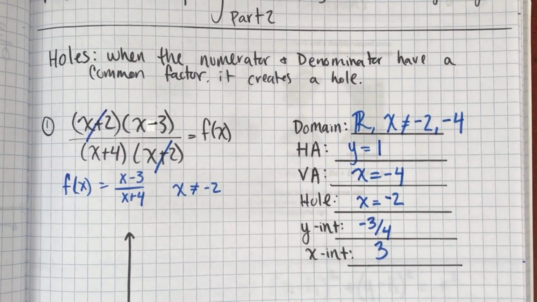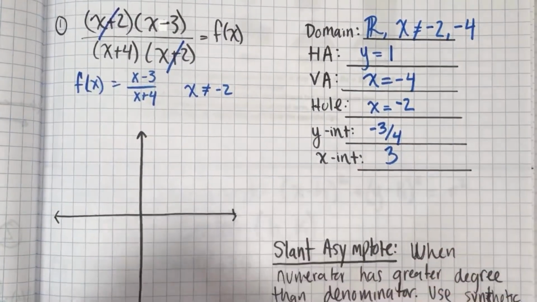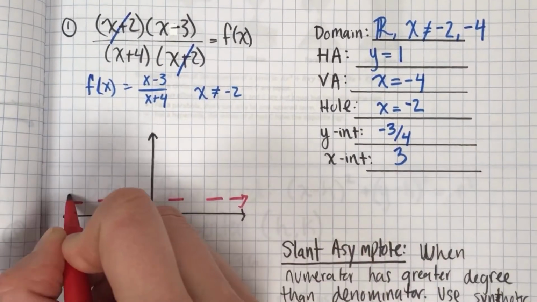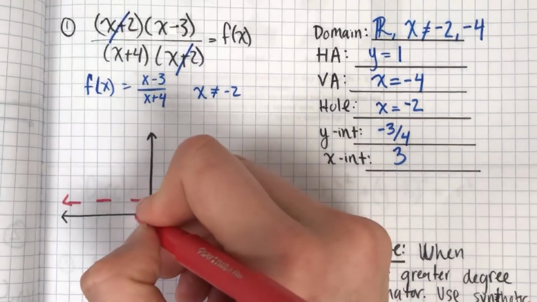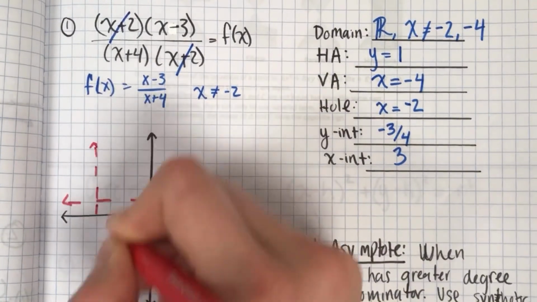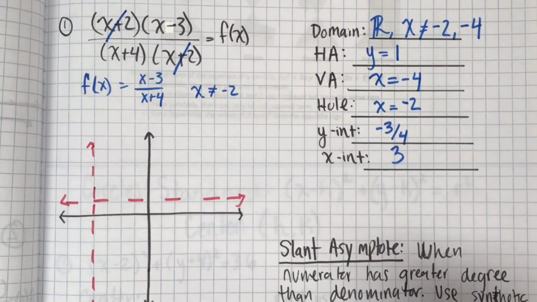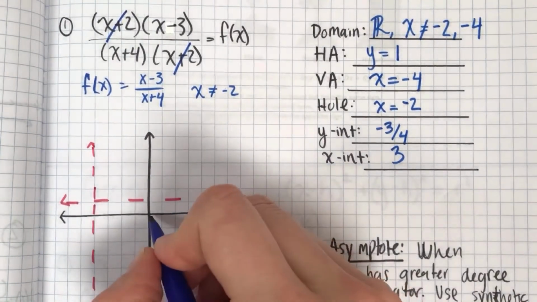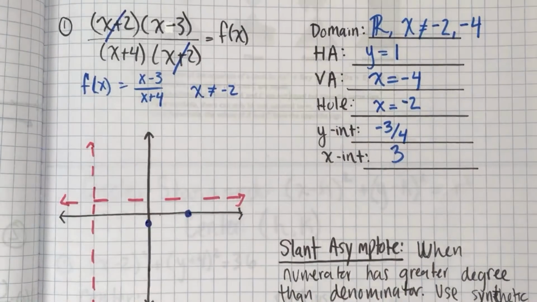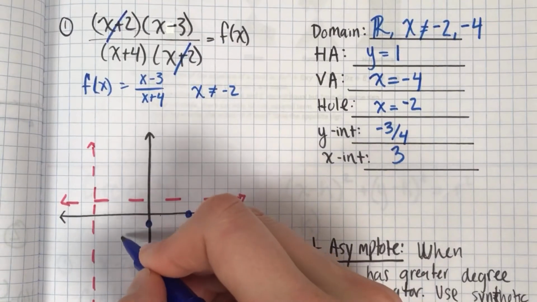So let's go ahead and graph our vertical and horizontal asymptotes. I'm going to do these in a different color this time. So we've got a horizontal asymptote at y equals 1, a vertical asymptote at negative 4, an x-intercept at 3, a y-intercept at negative 3/4, and we know that somewhere along the line at negative 2, there's going to be a hole.